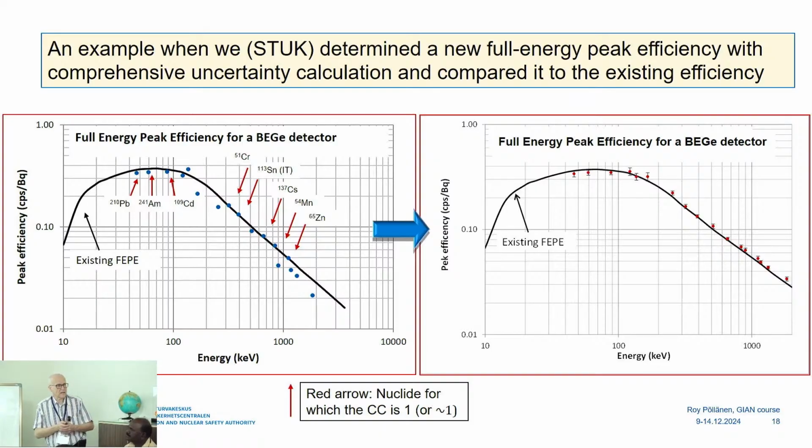But if I take into account coincidence correction, then they are located here. This is our old curve, which is quite good also. You can see also here the uncertainties of each point.